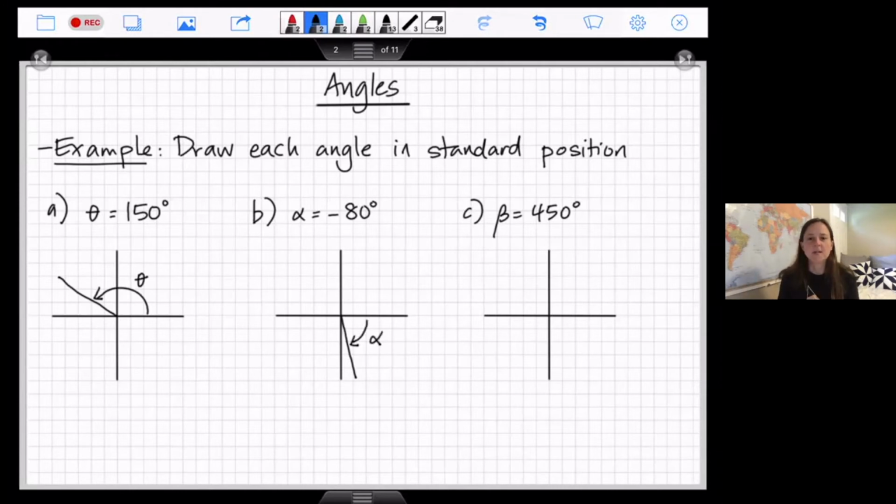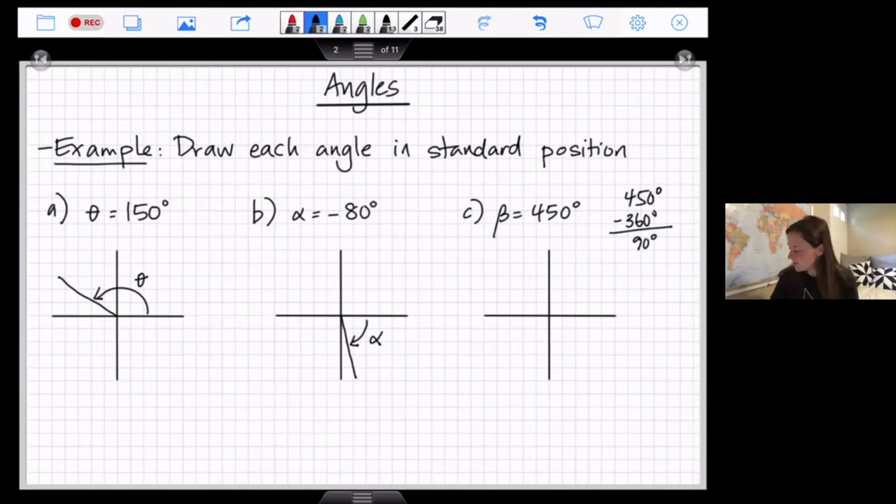450 degrees, that's more than a full circle, right? So we need to figure out how much more than a full circle. So you want to subtract either mentally or we'll write it down. That gives me 90 degrees. Okay, so this angle beta is going to make a full circle, 360, plus another 90.